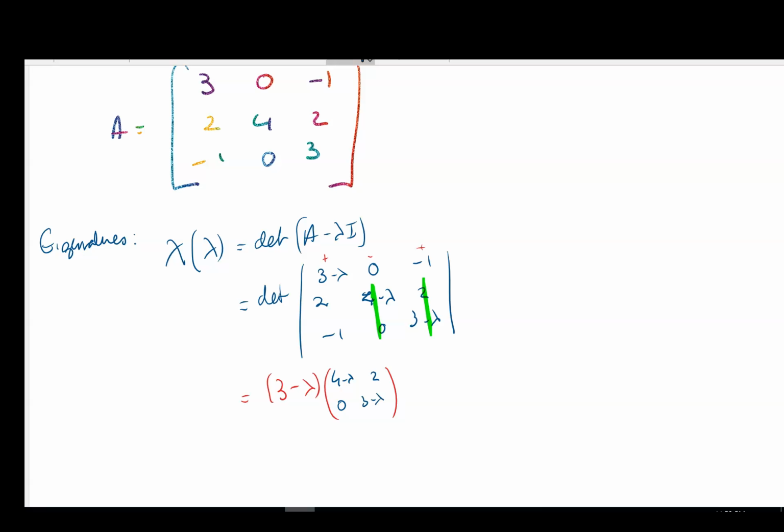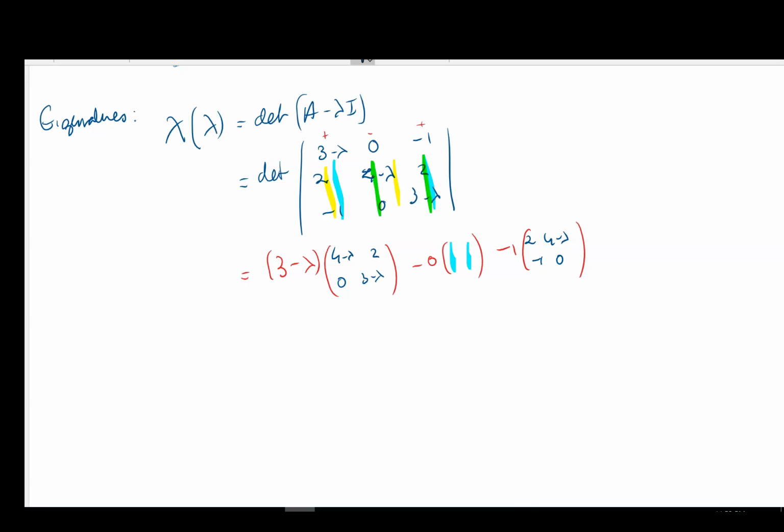Then I have 0 times the determinant of the next submatrix, which is just going to be 0. And then plus -1 times the determinant of (2, 4 minus lambda, -1, 0).